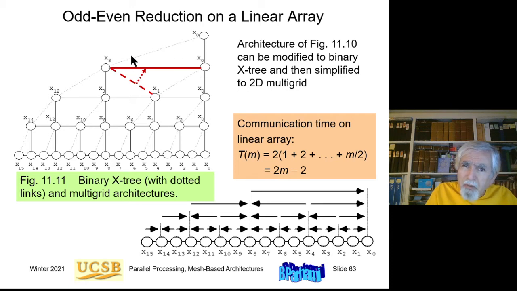So this is the root. These are the 2 children of the root that are connected to each other. These are the 4 children at the next level that are connected to each other, and so on.